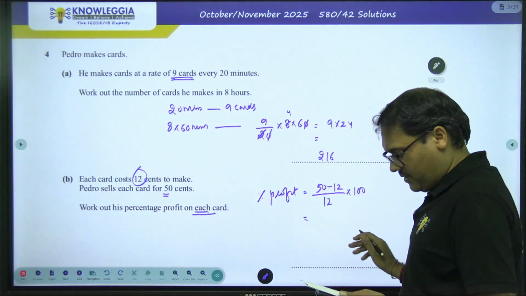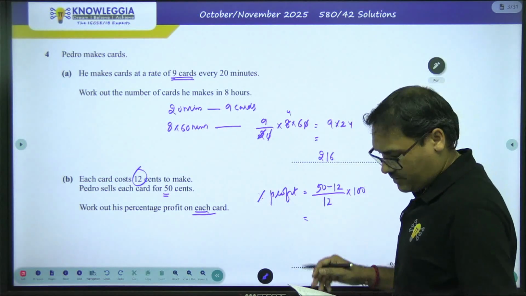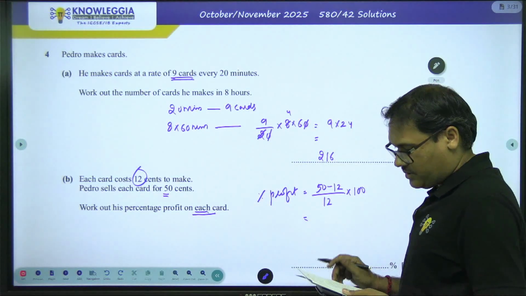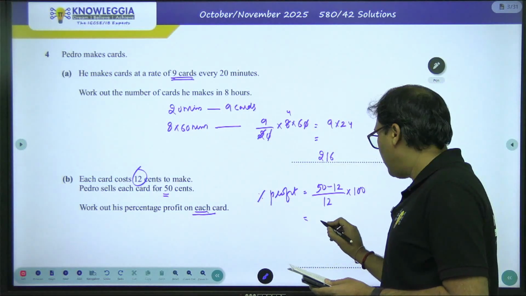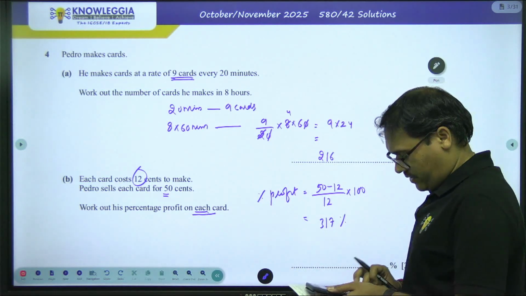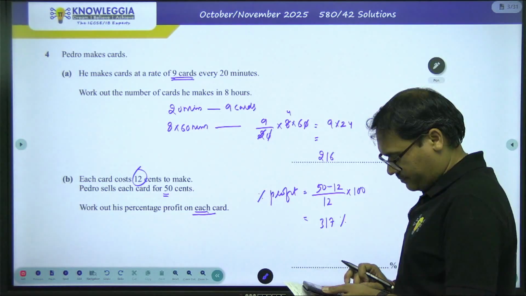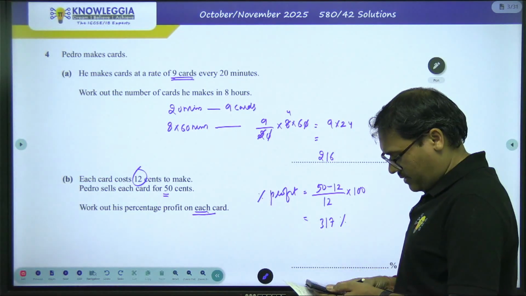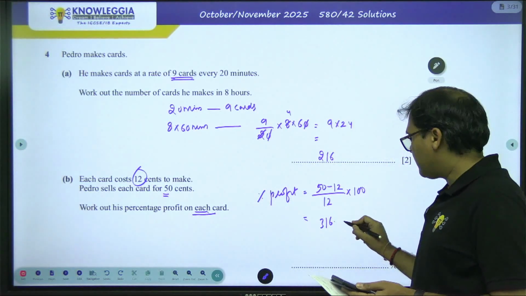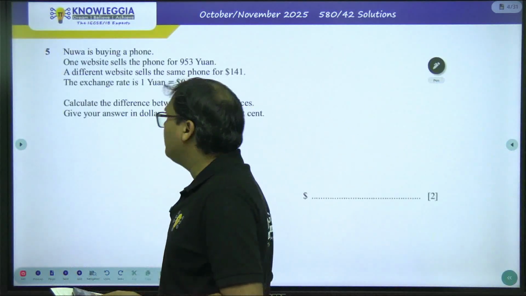I'll use the calculator: 50 minus 12, divided by 12, multiplied by 100. So basically this is 316.6667%. That is the answer for this question. You can just check the calculation.